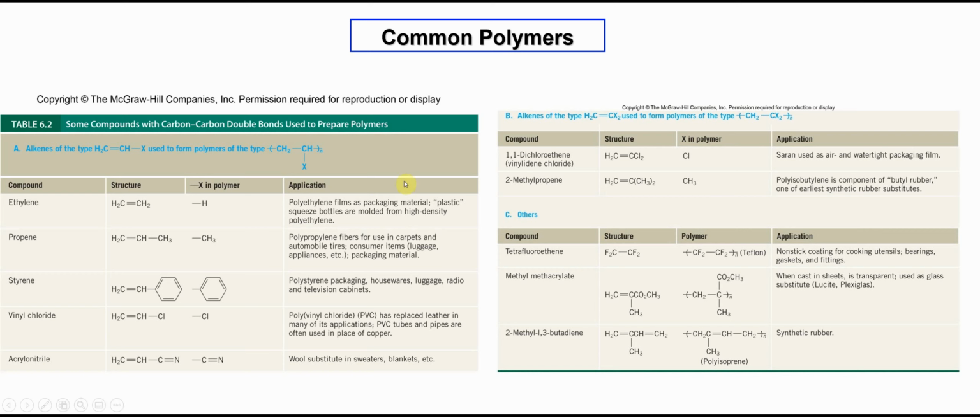And then the last slide, I showed you several commonly used polymers. Polymers such as polyethylene, a commonly used plastic. Your plastic bag, you go to H-E-B or Walmart, you buy your goods, you put them into the plastic bag.